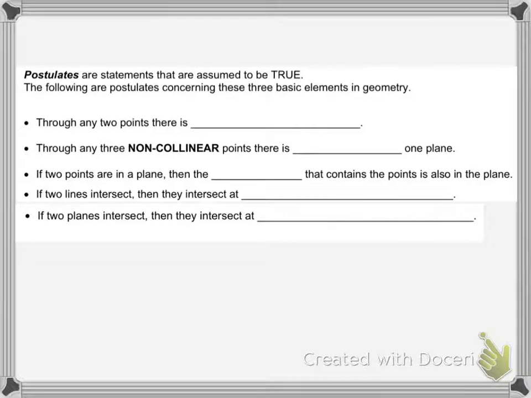So postulates, these are just statements that are assumed to be true. It's kind of like rules or laws that we follow. Don't get too caught up in that. But there are 5 postulates that are really important to know about points, lines, and planes. The first one is that through any 2 points, there is exactly one line.